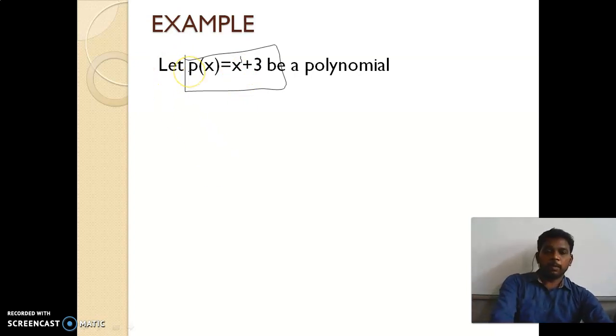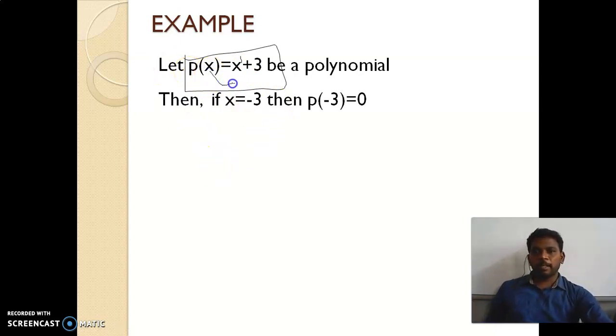Look at the next stage. If we replace x with minus 3, what will happen? p of minus 3 equals, instead of x, put minus 3 here. So minus 3 plus 3. If you add these two, plus 3 and minus 3 cancel, and the answer will be 0, right?